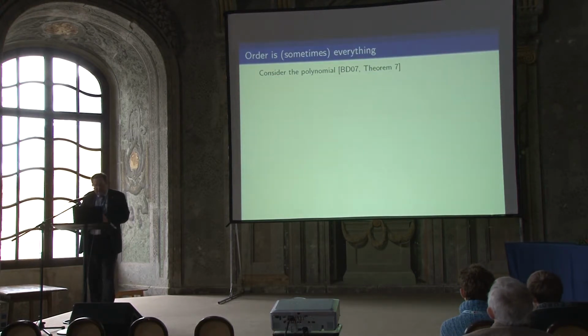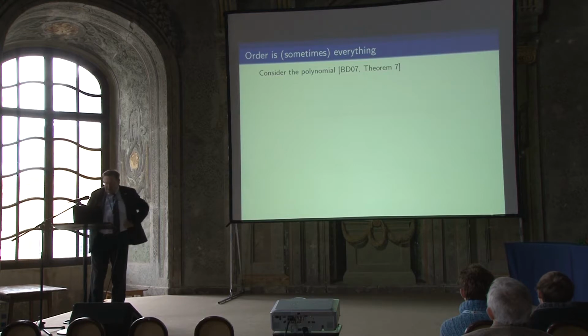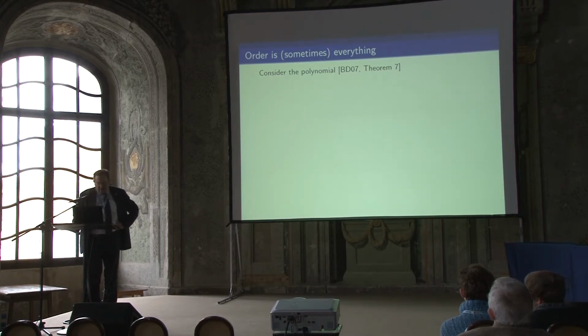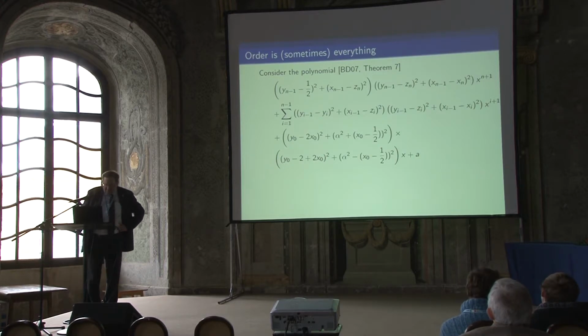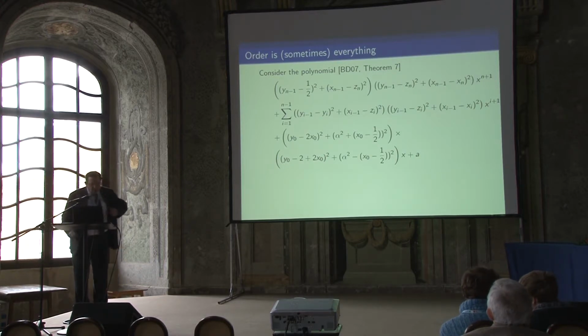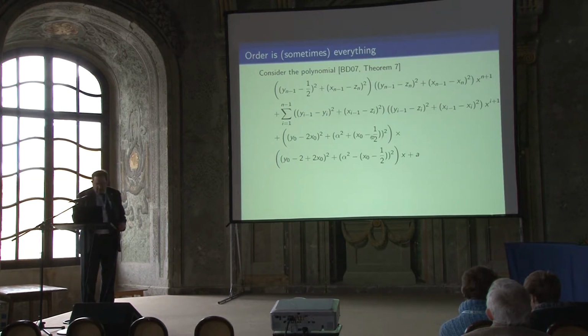Now, it turns out that the order of the variables is sometimes critical. Here's a rather messy looking polynomial, which in fact is, you've got x0 minus a half squared, y0 minus 2 of x0. It's actually the same sawtooth I had a couple of slides earlier, just expanded and encoded.